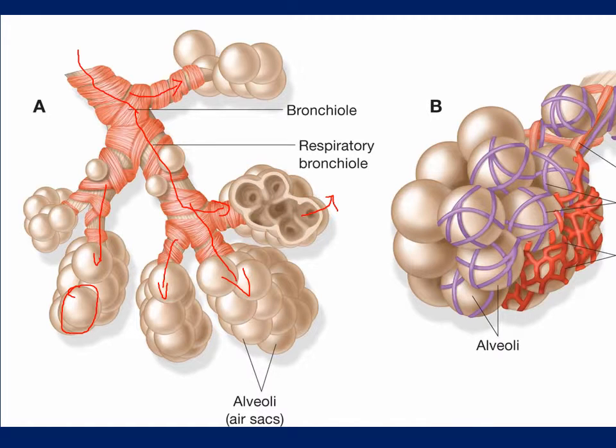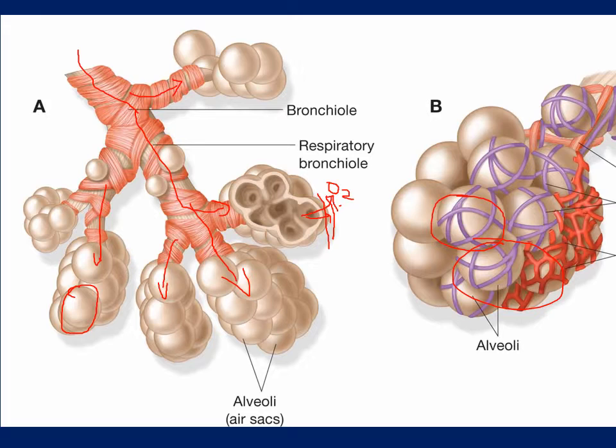You have oxygen diffusing into the bloodstream, and in this picture you have all those capillaries surrounding the alveoli. So you would have a capillary right here. It's going to diffuse into the blood and get picked up by the red blood cell. And we'll talk about that a little bit more in a minute.